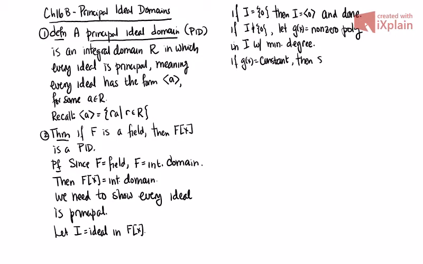Then some alpha in F is in I. But then 1, which is alpha times alpha inverse, is in I. And then everything's in I. In other words, it's just generated by 1. And we're done.